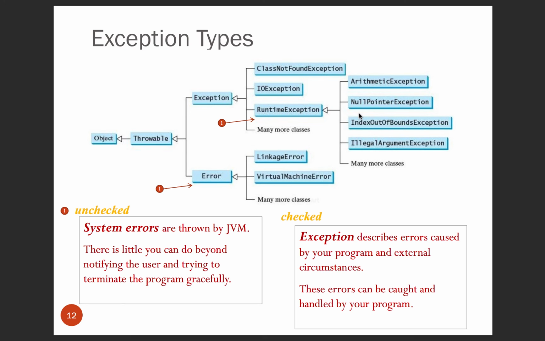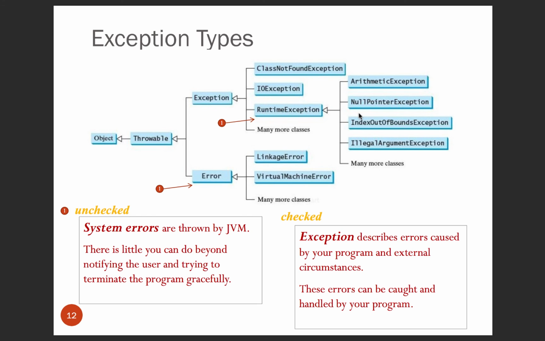An exception can be unchecked or checked. What is unchecked? A system error thrown by the JVM. There is little you can do beyond notifying the user and trying to terminate the program gracefully. So you cannot control the situations.